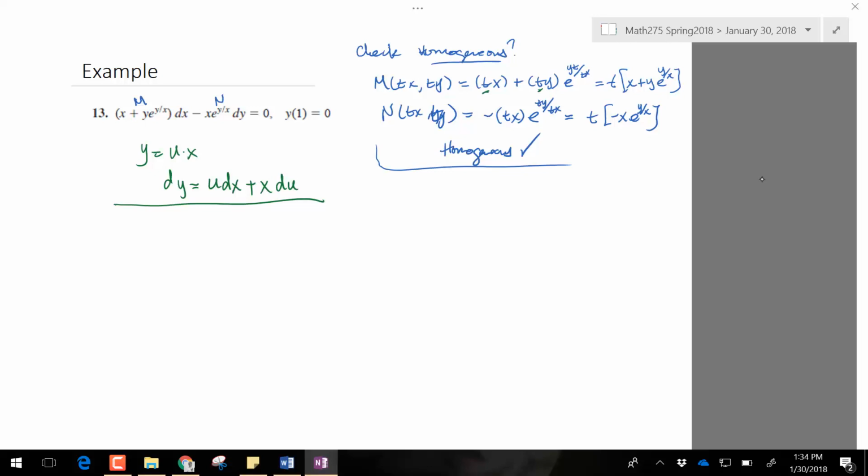Then we substitute a whole bunch of things. So we have our x is just going to be an x. So we only substitute the y's.